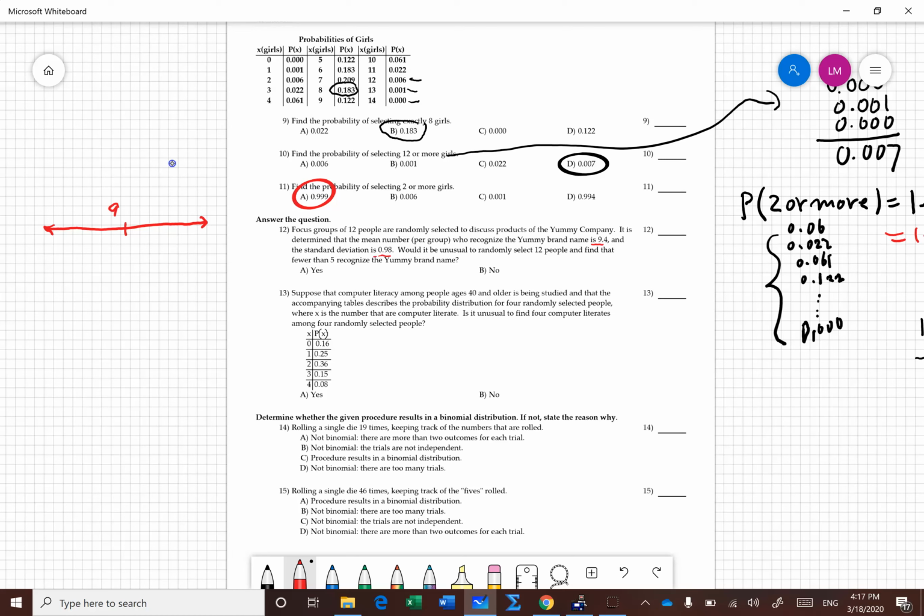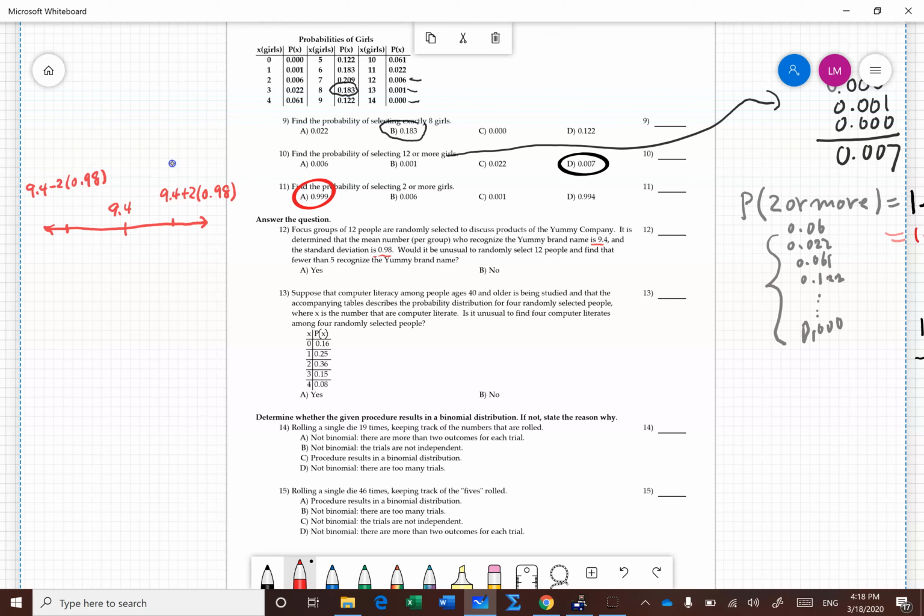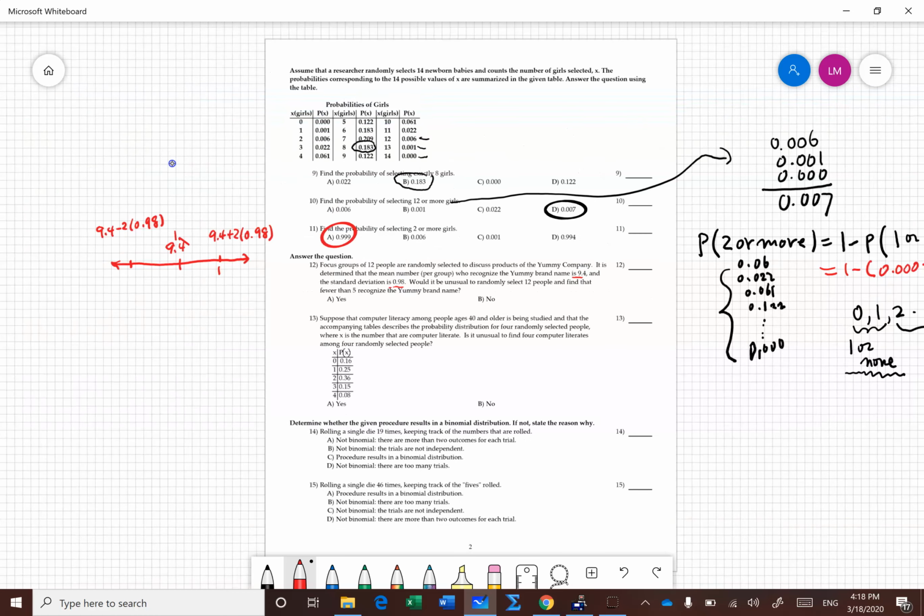So this is 9.4, this point is 9.4 plus 2 times 0.98, because that's the standard deviation, and this point is 9.4 minus 2 times 0.98. Now we have to calculate these numbers. 9.4 plus 2 times 0.98, you get 11.36.